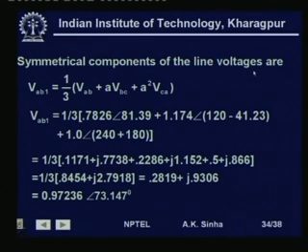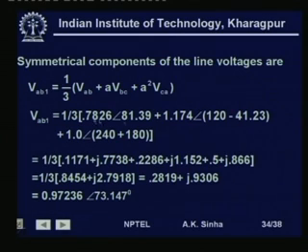Now, symmetrical components of the line voltages will be, if we write this, VAB1 equal to 1 by 3 (VAB plus A VBC plus A square VCA). This is the same relationship that we have written earlier. Substituting the values and solving, we get VAB1 equal to 0.97236 angle 73.147 degrees.